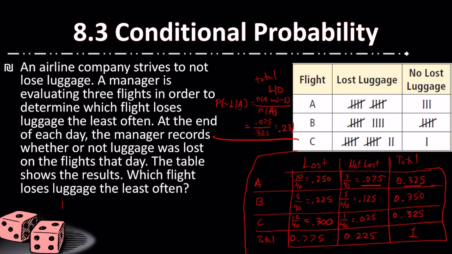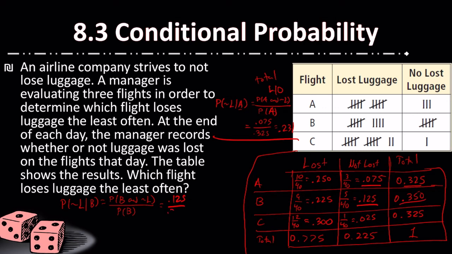All right, let's try flight B, that it's not lost given that we're on flight B. So that'd be the probability that we're on flight B and not lost over the probability that we're on flight B. All right, B and not lost is 0.125.